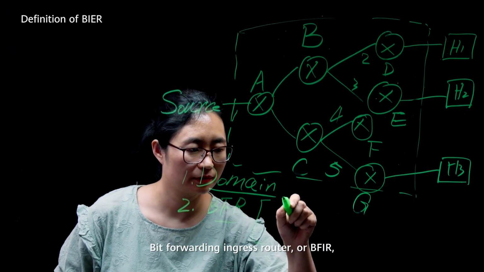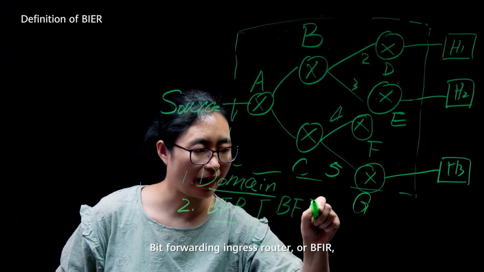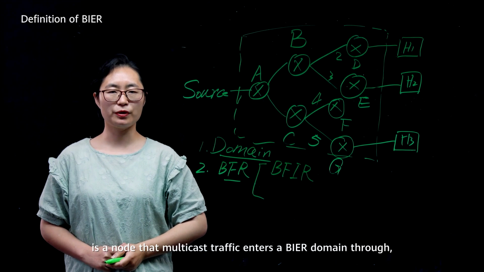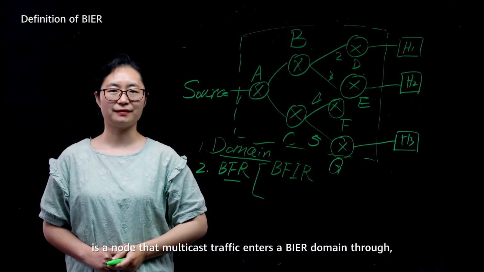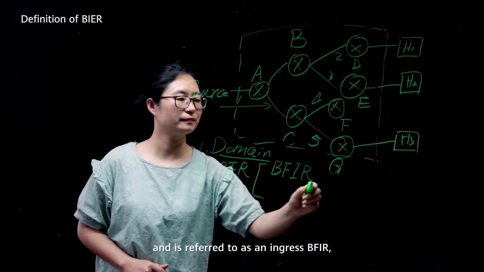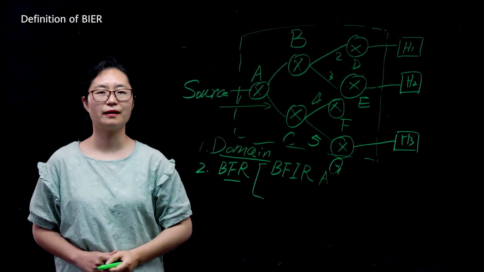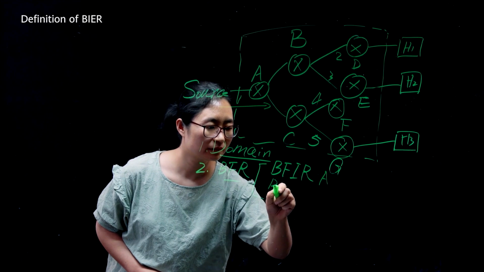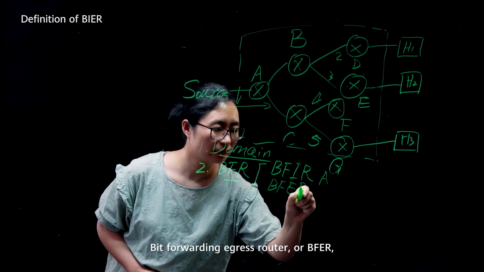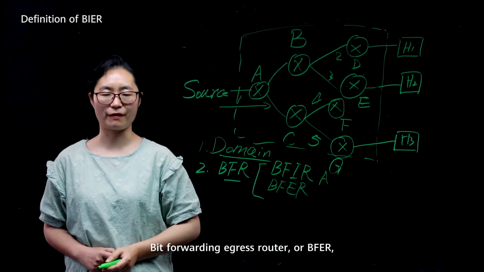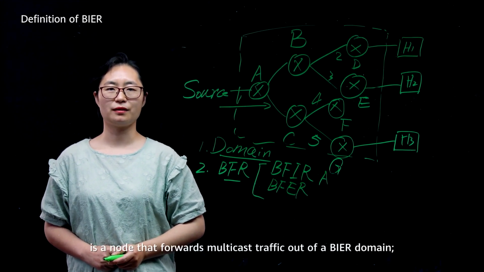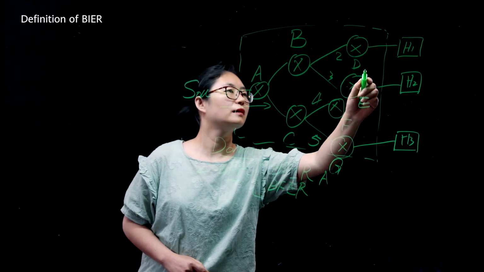Bit forwarding ingress router, or BFIR, is a node that multicast traffic enters a BIER domain through and is referred to as an ingress BFIR. For example, node A in this figure. Bit forwarding egress router, or BFER, is a node that forwards multicast traffic out of a BIER domain.